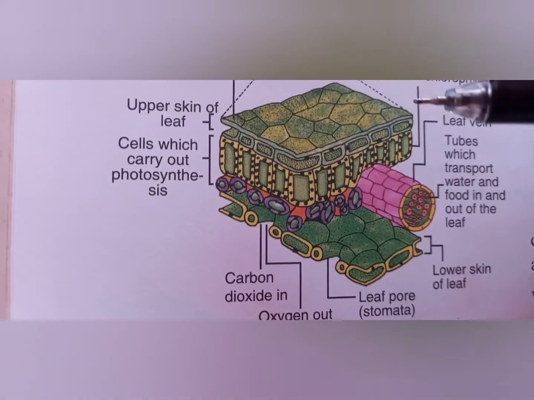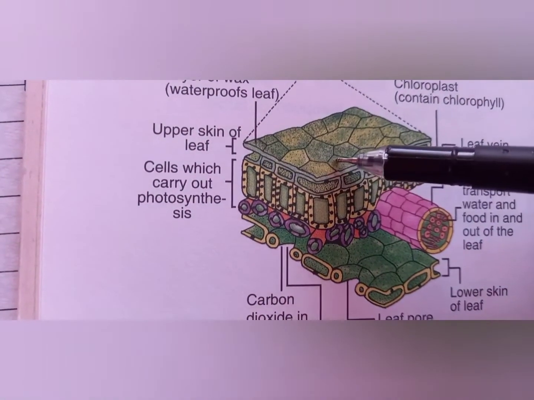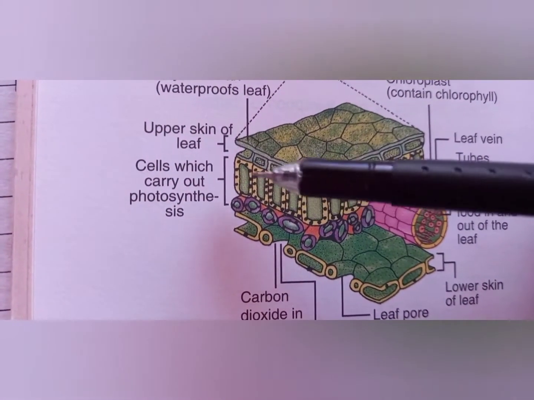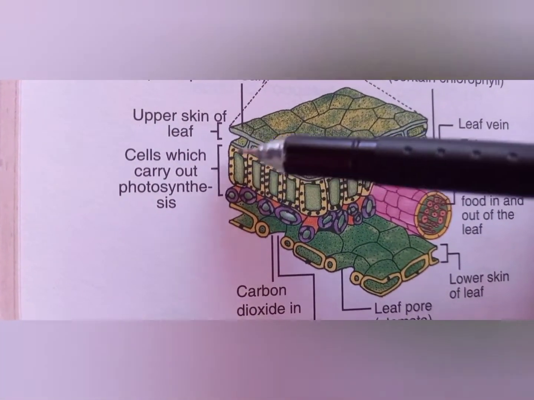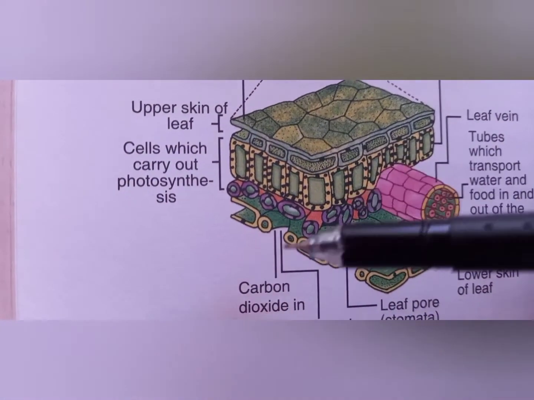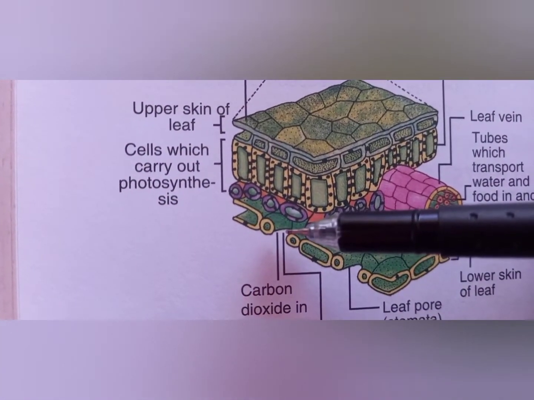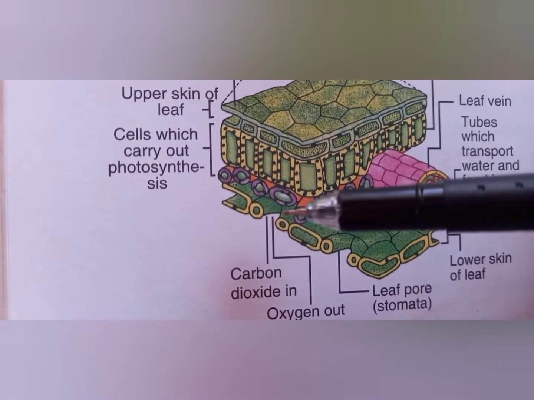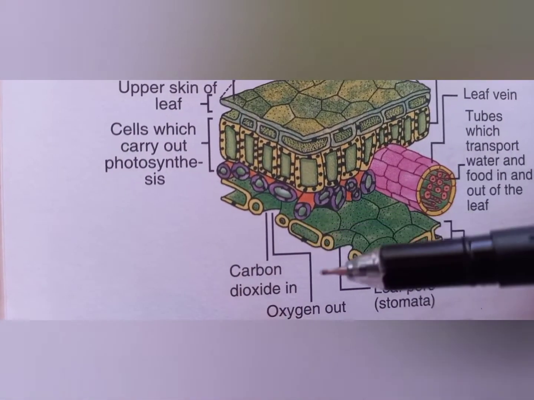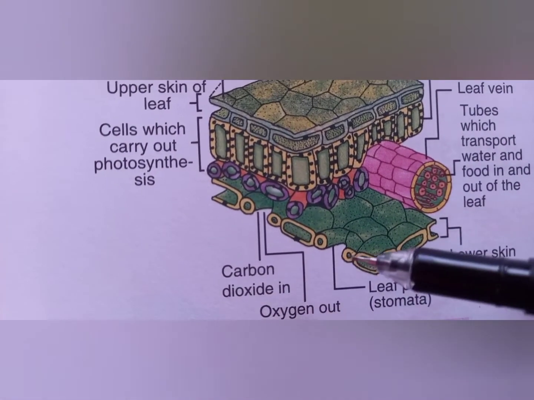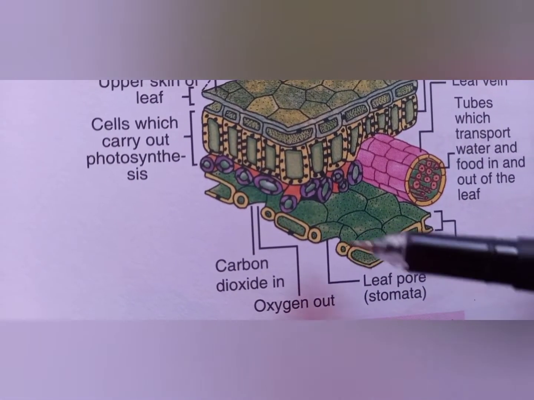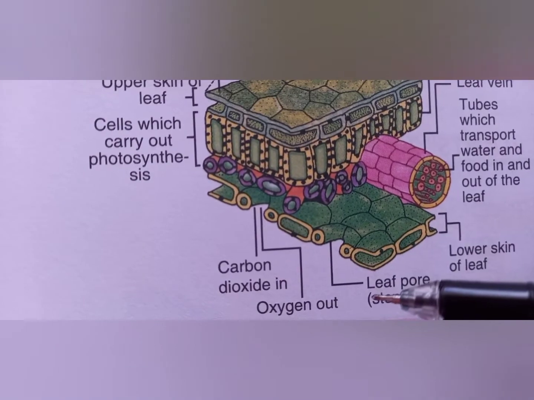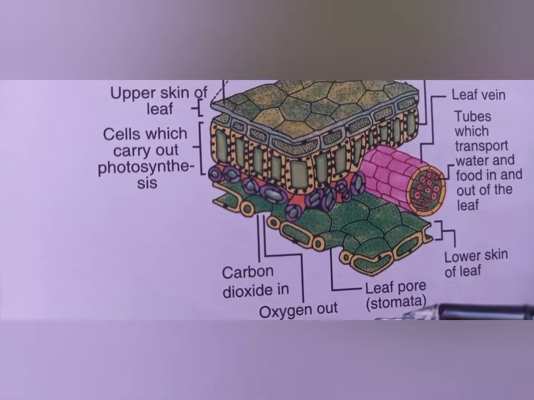Here is the upper skin, then here are the cells which carry out the photosynthesis. You can see here the stomatal opening from which the carbon dioxide gets in the leaf and oxygen goes out. This is the leaf pore, or the tiny openings called stomata.